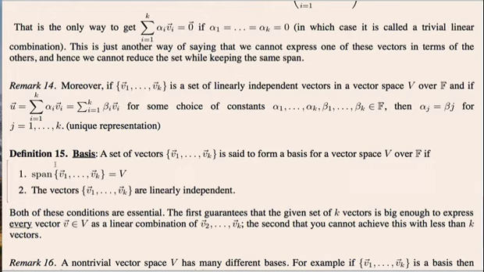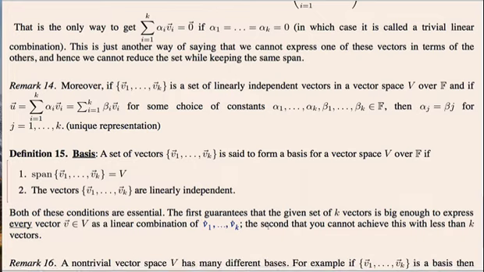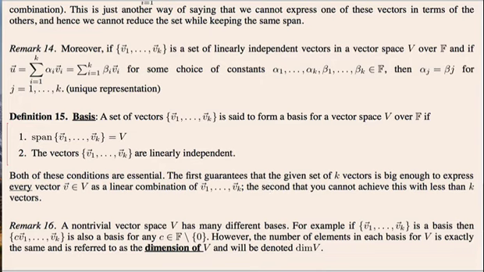The first guarantees that a given set of k vectors is big enough to express every single vector of V as a linear combination of v1, ..., vk. And the second says that you cannot achieve this with fewer than k vectors, and also that it's a unique representation.